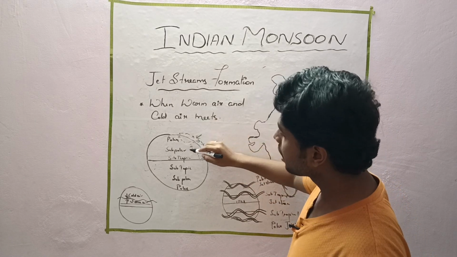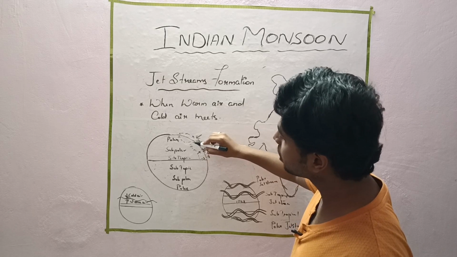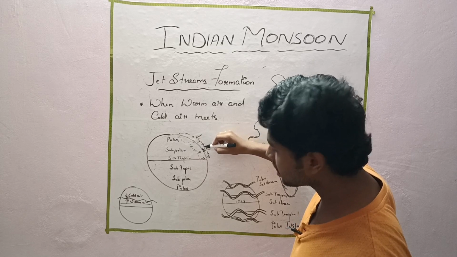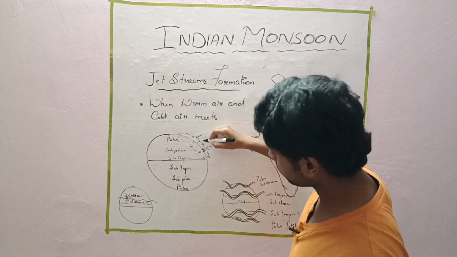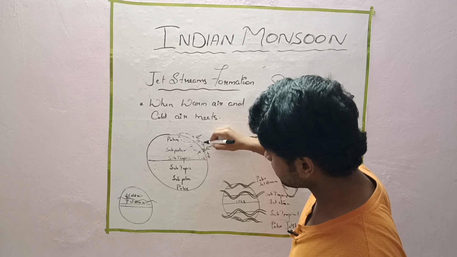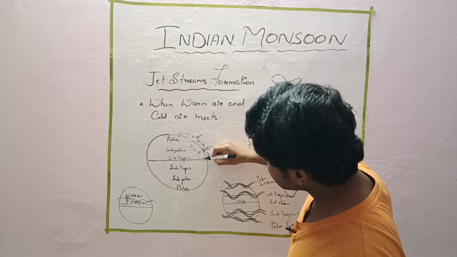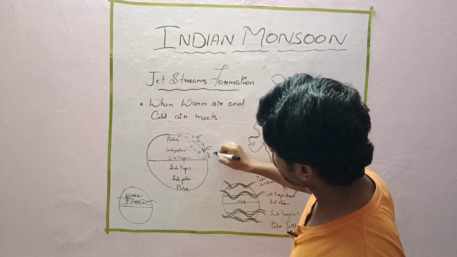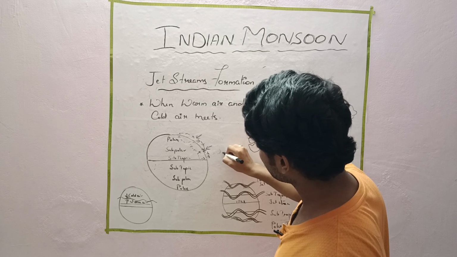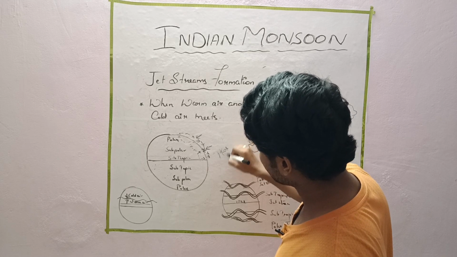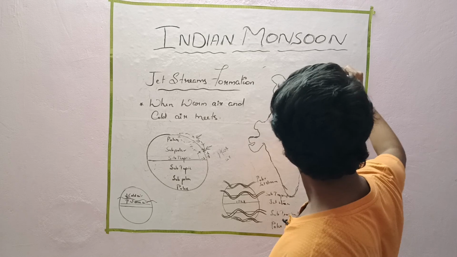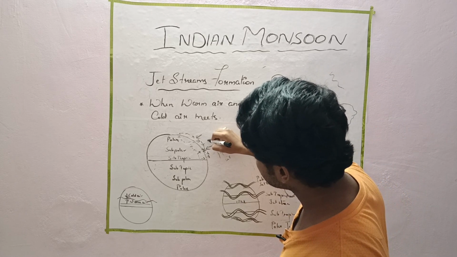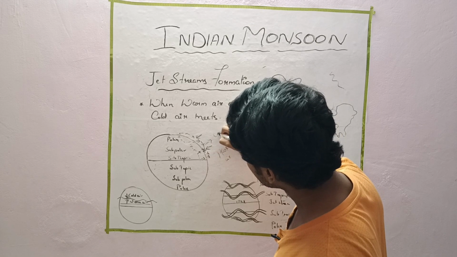At the same time, the air from the subpolar region will also move towards this side. The air moving to this part is warm or hot air. At the same time, the air coming from this portion is cold air.